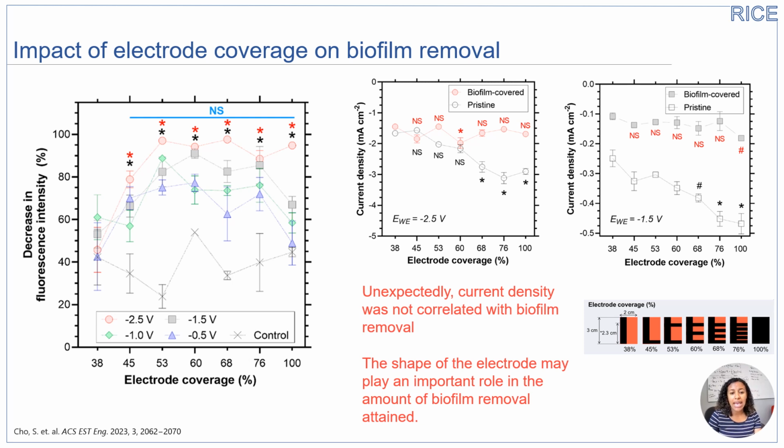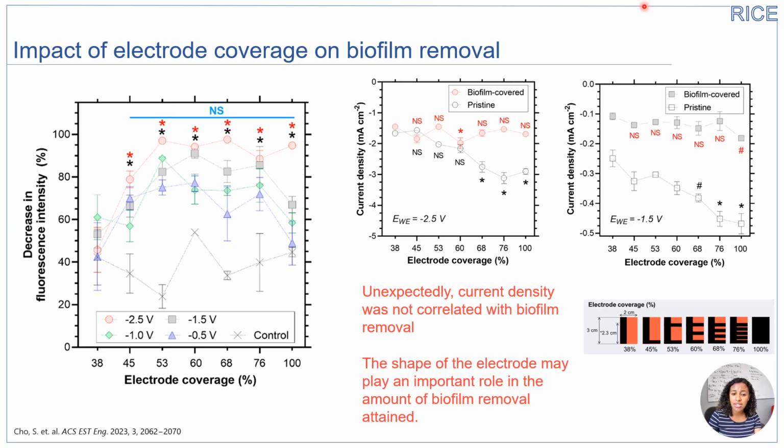To see if this was the case, we looked at the current that was generated on the coupons, and what we were expecting was for this number to become more negative as the electrode coverage increased, which, as you can see, it does for the surfaces without any biofilm on them, the white circles here. But surprisingly, for the biofilm-covered electrodes, which are the red data points here, the current was actually pretty steady as a function of electrode coverage.